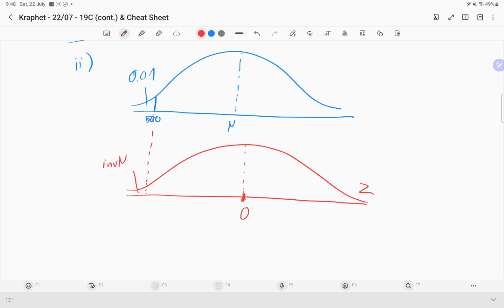No, you need the Z distribution, where it's the mean and the standard deviation. Wait, do we need to remember the equation for Z values? Do we have it in the exam sheet? I don't think so.